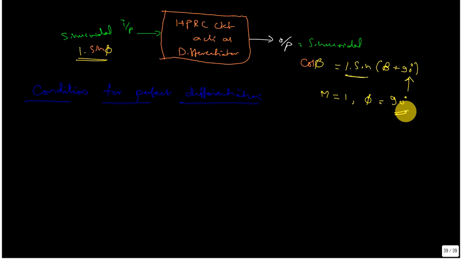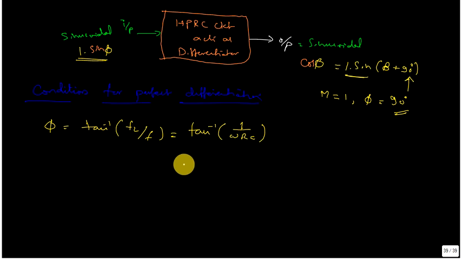Now we are going to get the condition for a perfect differentiator by making use of this phase criterion. Already we have defined the magnitude and phase equations. The phase equation for the response of a high pass RC circuit when a sinusoidal input is applied is theta equal to tan inverse of fL by f, or tan inverse of 1 by omega RC, where fL is 1 by 2 pi RC and 2 pi f is written as omega.